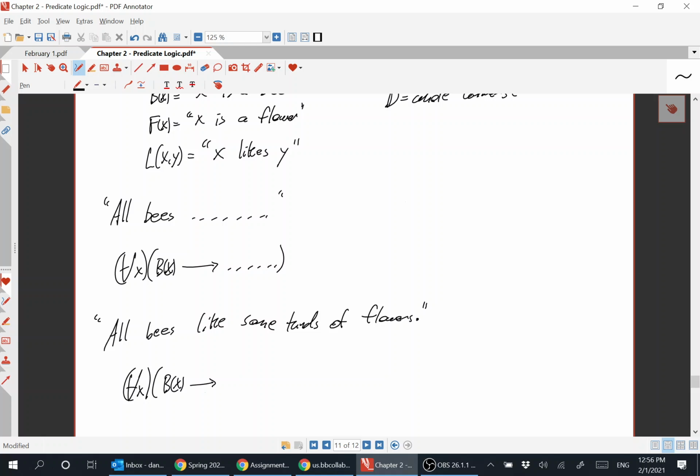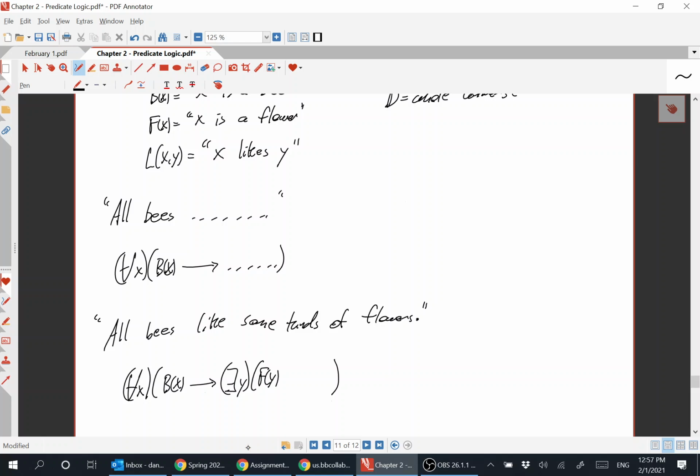Would that be L of... well, first B of X? Quantify, right? There's some kinds of flowers. So there exists Y. Now, because the scope of this quantifier is everything between here, you can't re-quantify the X. So I have to introduce a new variable for the Y. So there exists a Y that's a flower.